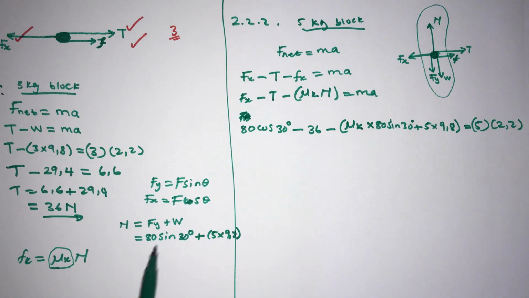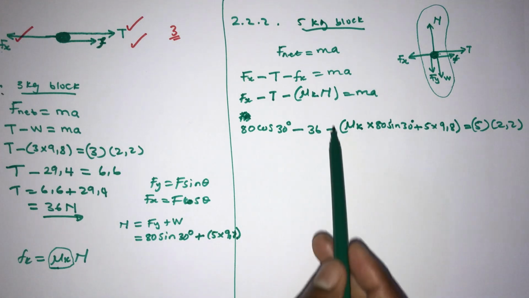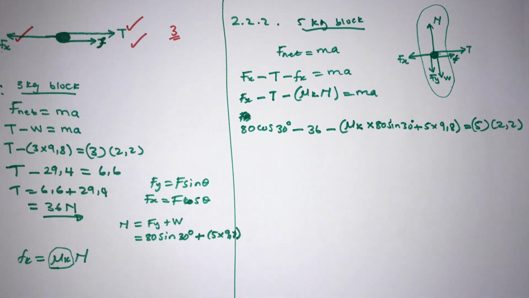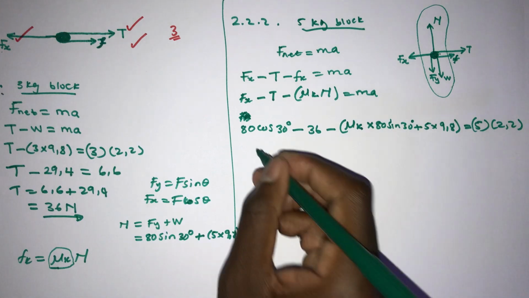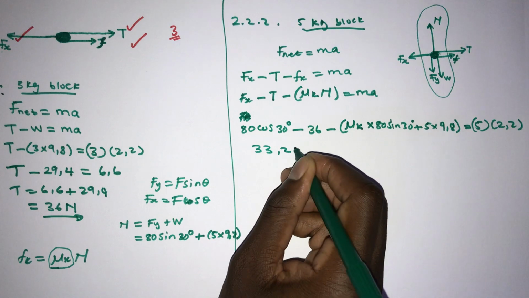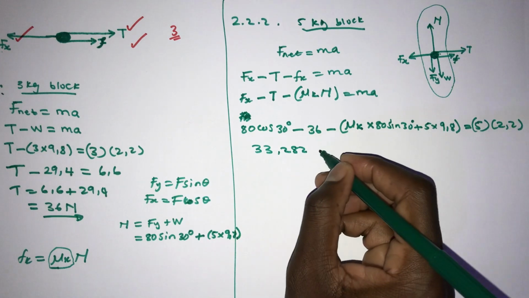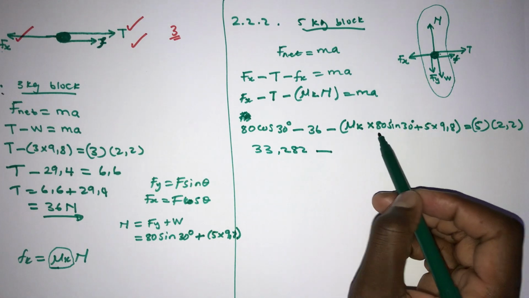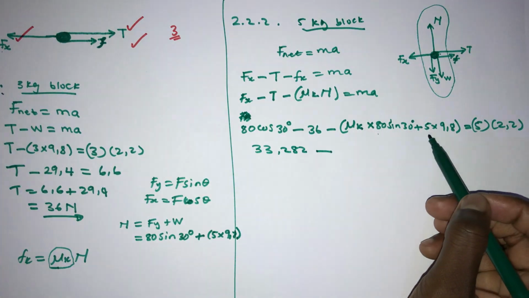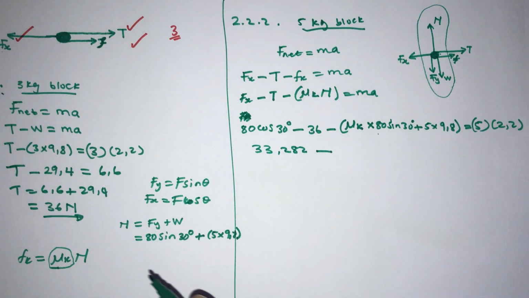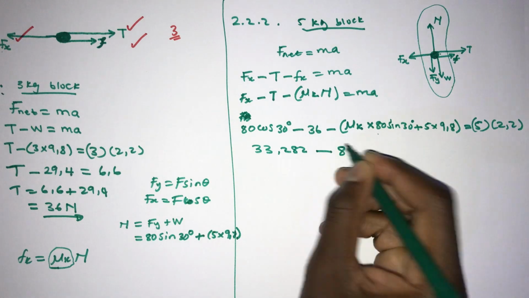So from here we can just punch the calculator here. 80 cos 30 minus 36, so it's going to give us 33.282 minus, so when we punch the calculator here, 80 sine 30 plus 5 times 9.8, so the answer is going to be 89.